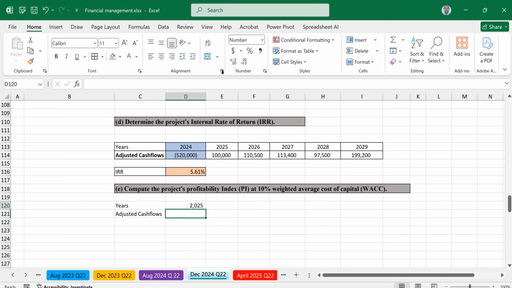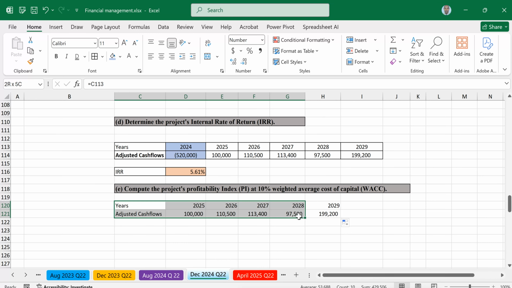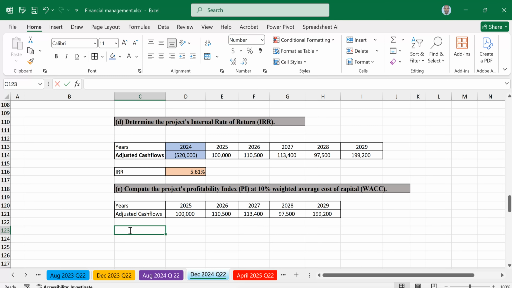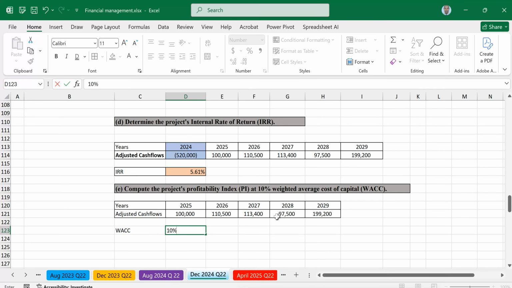So 2025, drag all the way to 2029, and the cash flows are from 100, drag to the last one. Work, that is work. You've been given work as 10% in the question. So that is 10%.